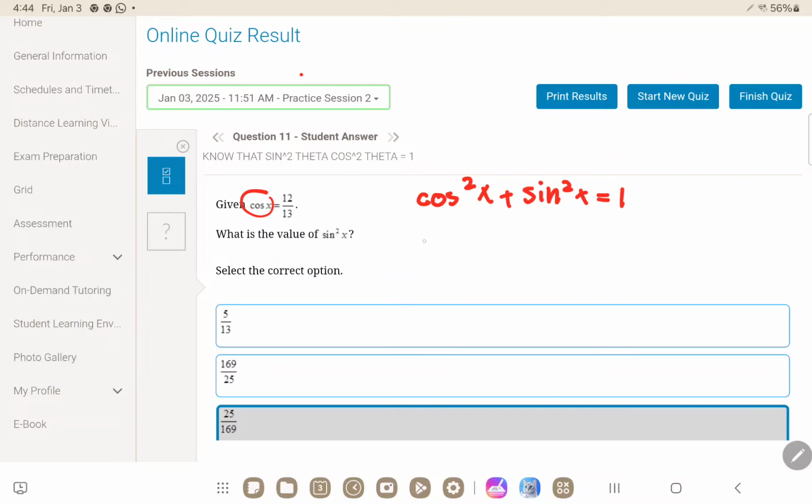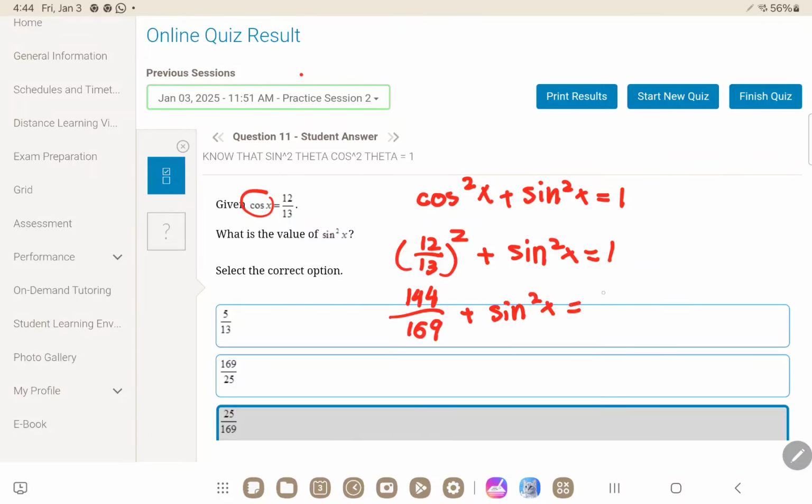So 12 over 13 squared plus sine squared x equals 1. So this is 144 over 169 plus sine squared x equals 169 over 169, making sine squared x equal to 25 over 169. And that's your answer, because they asked us what sine squared x is.